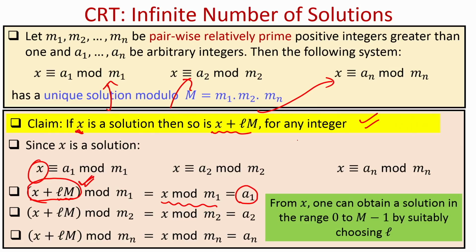If x does not belong to the range and you want to find an x prime which is also a solution and within the range 0 to M, then you keep on subtracting.